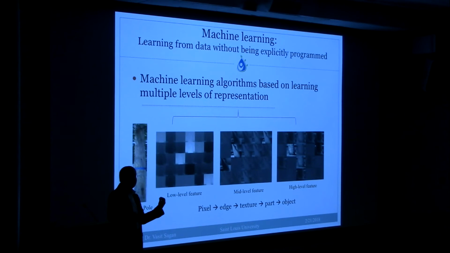But the topic came back again in recent days. One reason is development in sensor systems, availability of data, and also development in computer science, both hardware and software, a number of things. So what's machine learning?